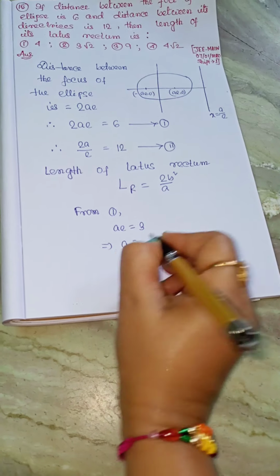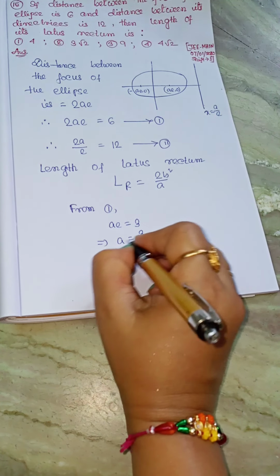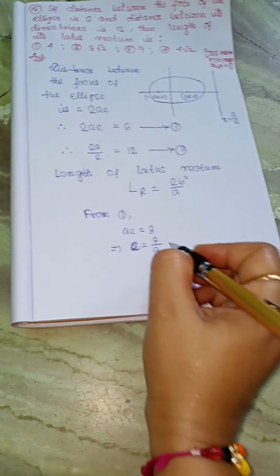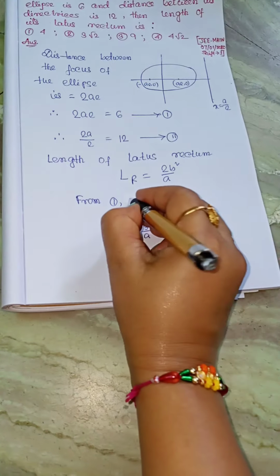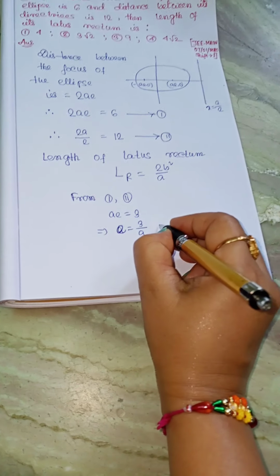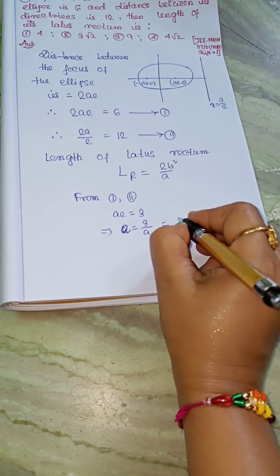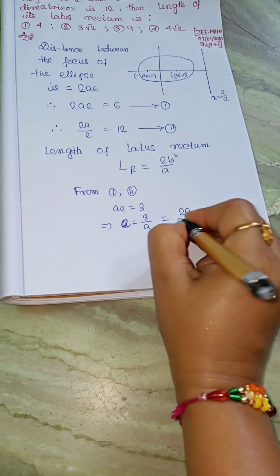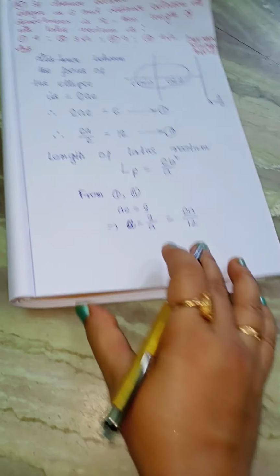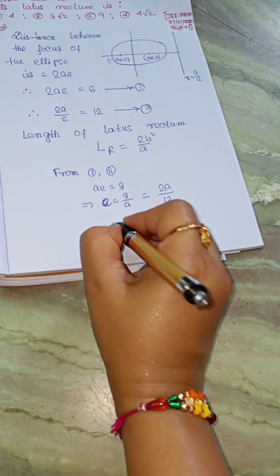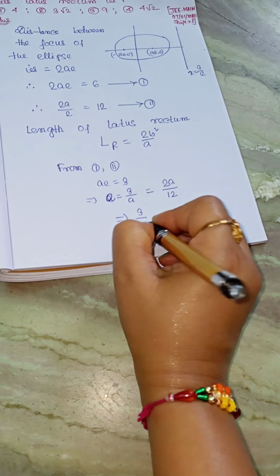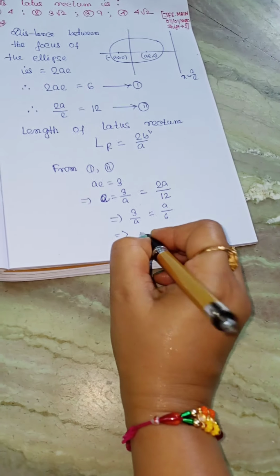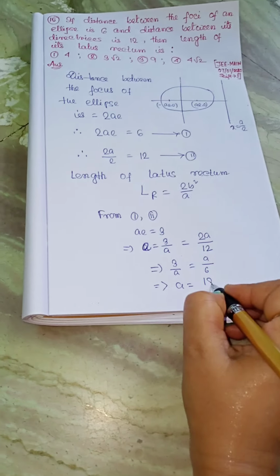Therefore E is equal to 3 by A, and from 2, E is also equal to 2A divided by 12. Therefore that implies 3 by A is equal to A by 6. That implies A square is equal to 18.